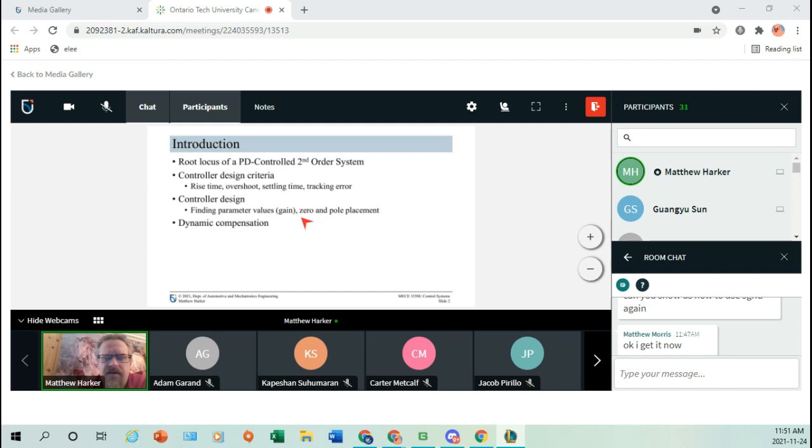So we're adding some degrees of freedom, and the root locus really shows us how we're changing the dynamics of the system in a more visual manner, rather than looking at those formulas with all the Greek letters in them. And then the last thing we'll look at is dynamic compensation.